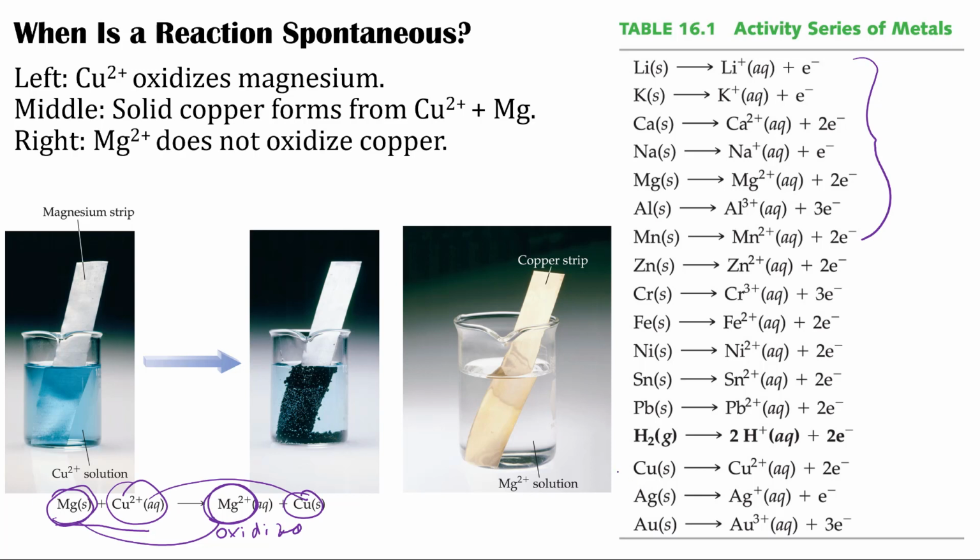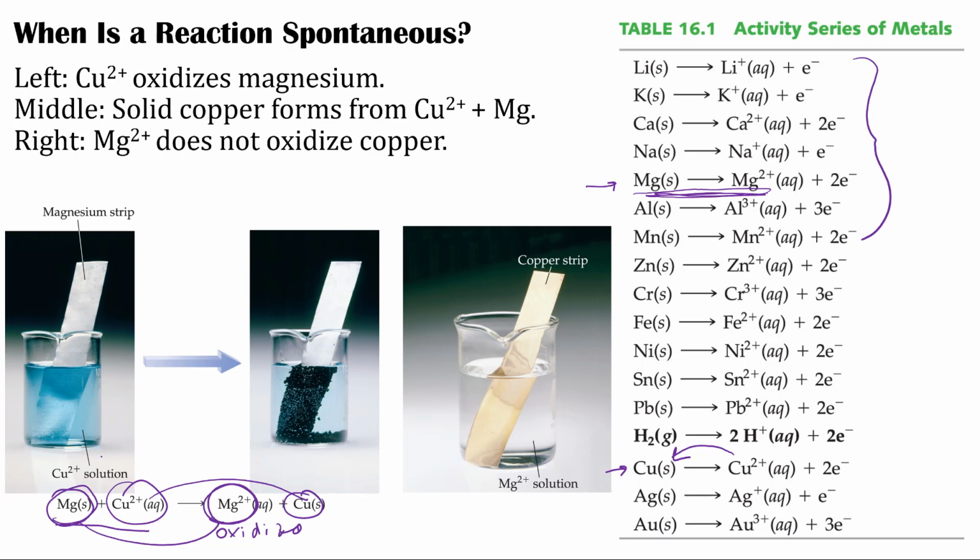Copper is down here, while magnesium is up on the top. And since magnesium is written this way in the chemical reaction, and copper 2+ is being reduced and is written on the bottom, this would be spontaneous.